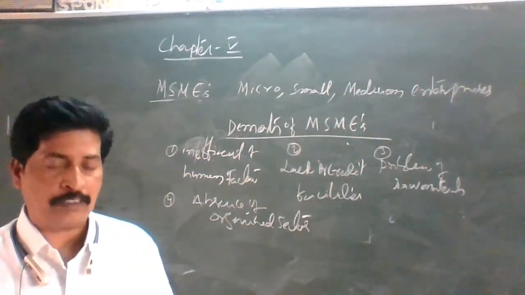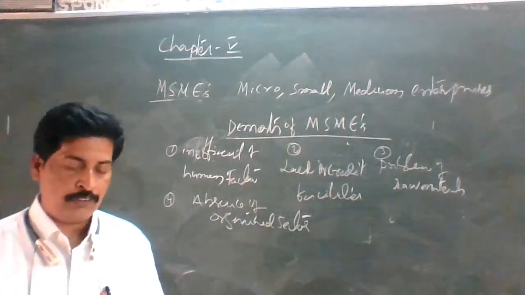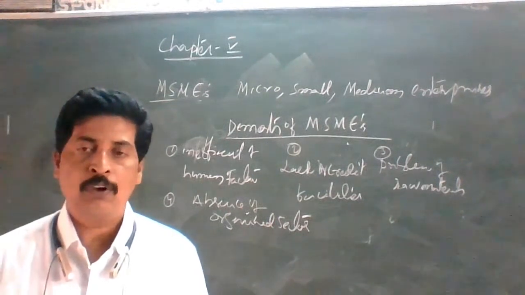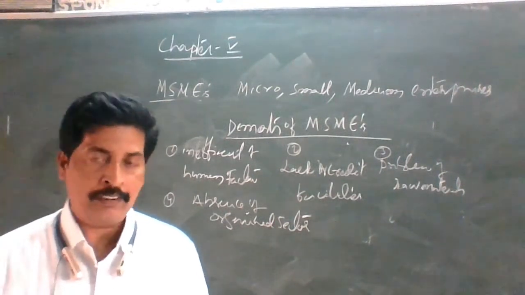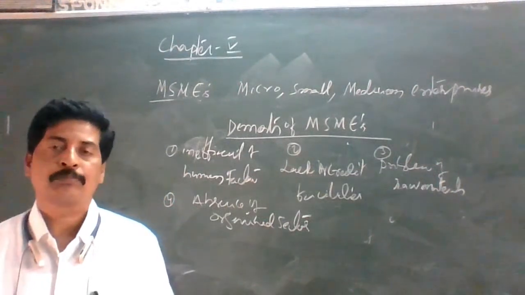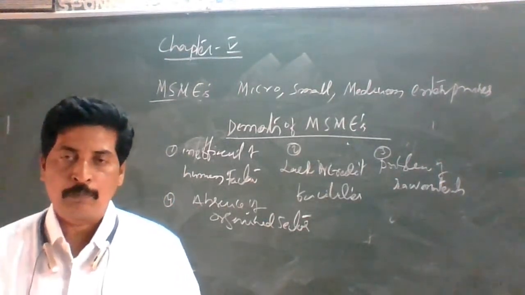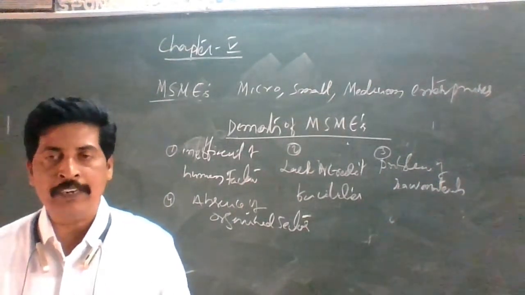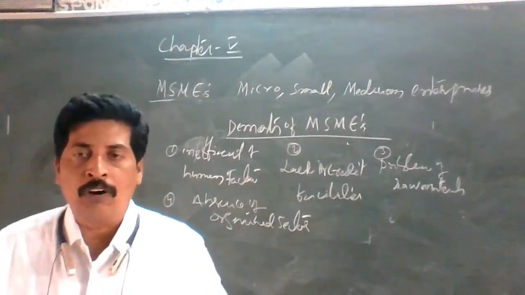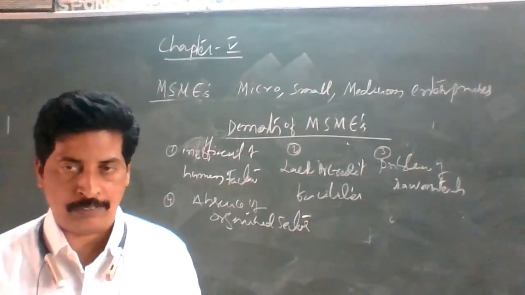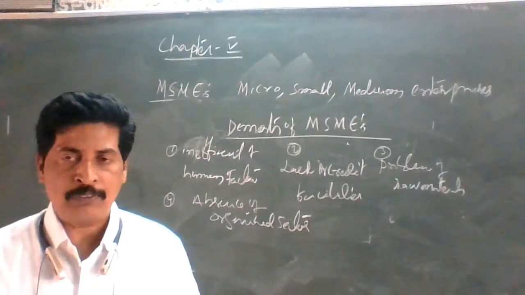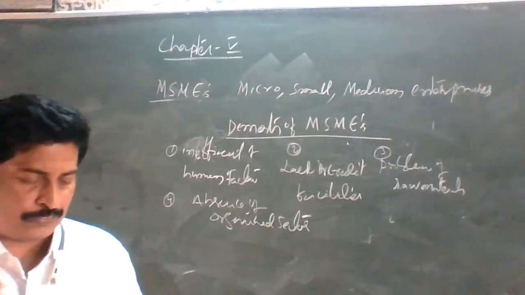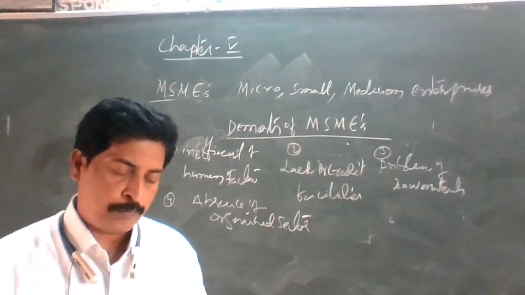Since marketing is not properly organized, the helpless artisans are completely at the mercy of middlemen, because the employees engaged in small, micro and medium enterprises are not organized, they are unorganized, and many times they have to depend on the middlemen for many purposes.